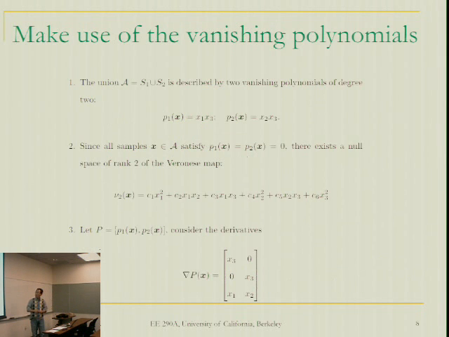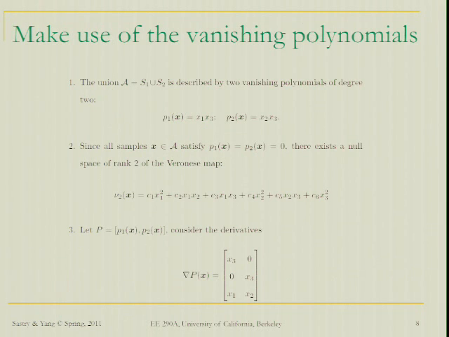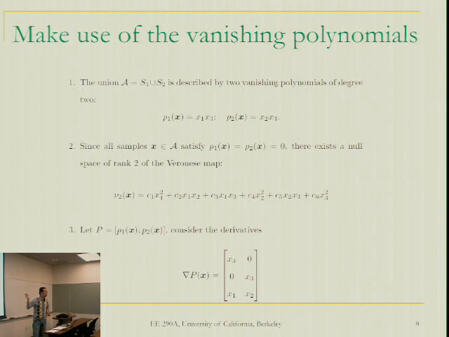So how do we find the two vanishing polynomials of degree 2? In this case, we again use the Veronese embedding.